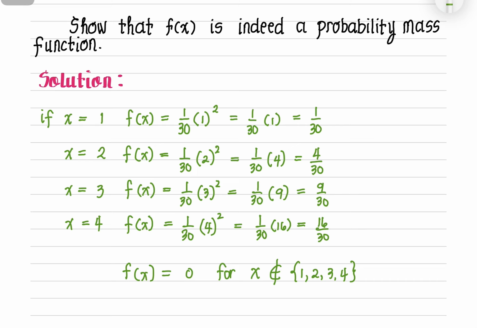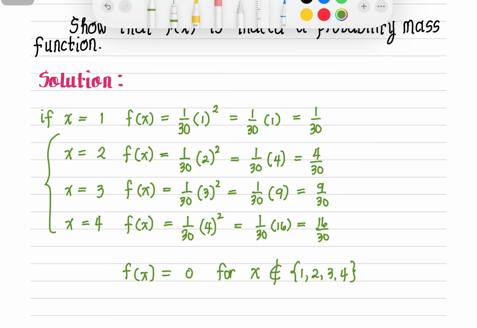So, ang ibig sabihin, class, again, 0 ang magiging probability kapag hindi naging value ng ating random variable ang 1, 2, 3, and 4. Okay? So, ito yung class. So, kapag ibang value, ibig sabihin 0 ang ating probability. Gets? Okay.